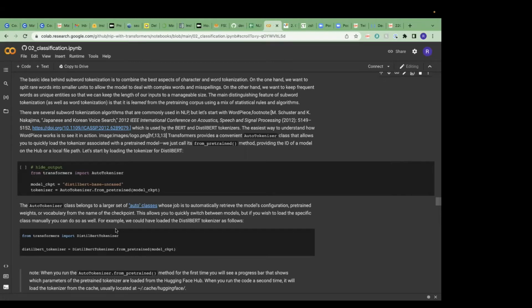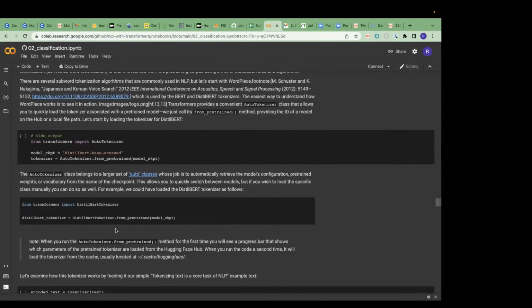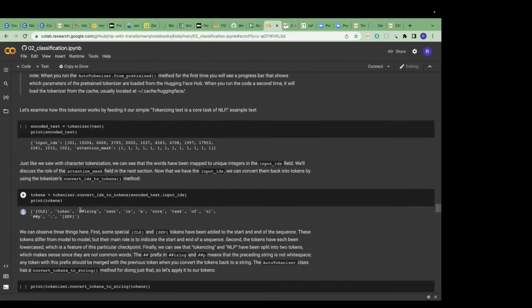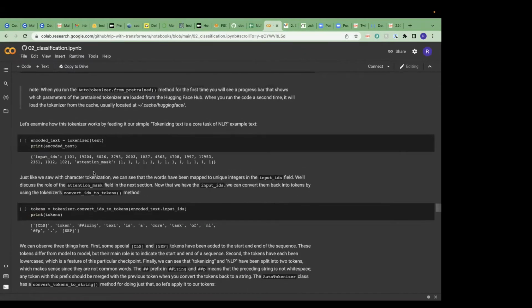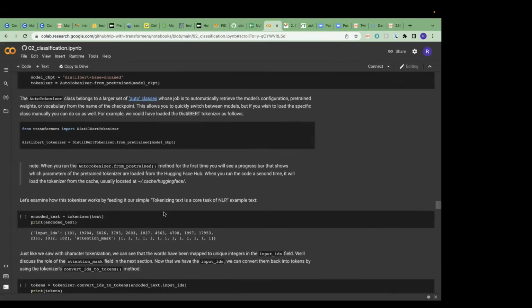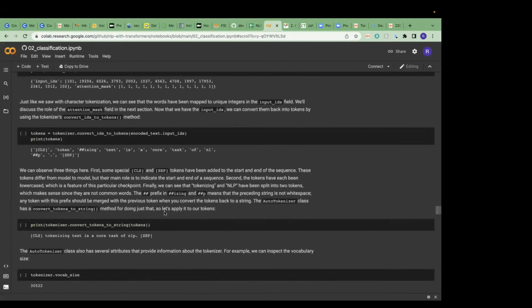In this part, they use the DistilBERT tokenizer. They load it from Hugging Face, and then they do an example where they tokenize the text: tokenizing text is a core task of NLP. You can see that CLS is the starting token.